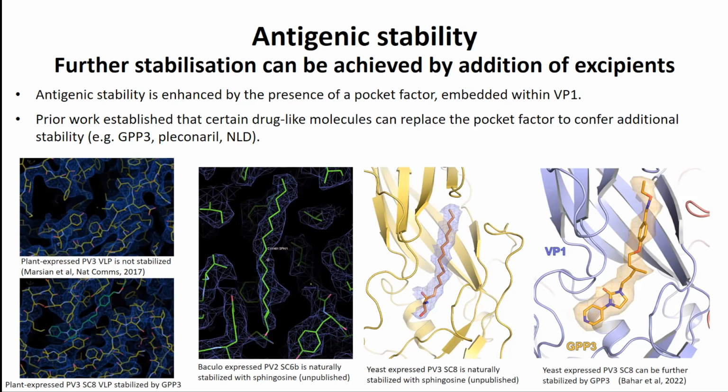And to the right is the sphingosine that's produced in yeast-expressed VLPs, and you can also replace it with a stabilizing drug, GPP3, as you can see on the extreme right. So it's possible to further stabilize the particles by using an appropriate pocket-binding drug.